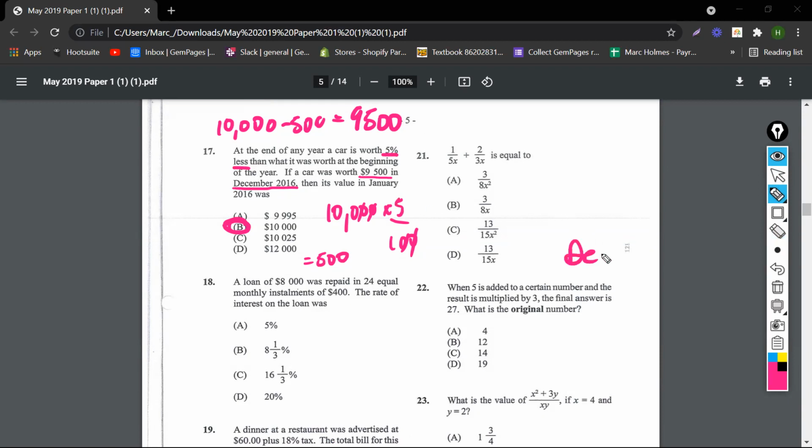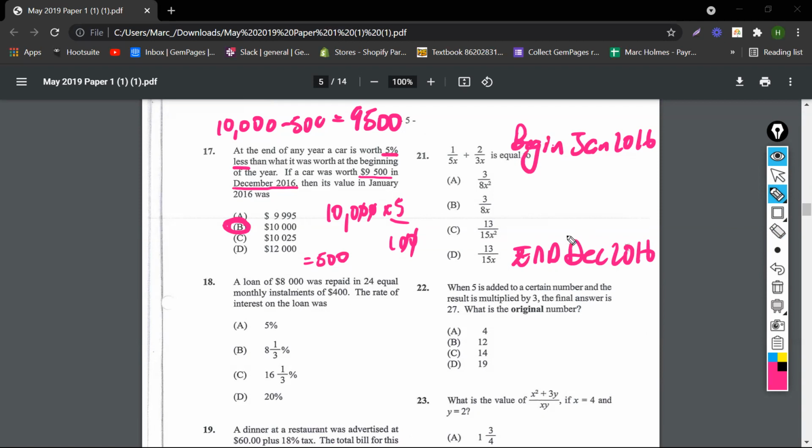So December 2016, the end of the year, the car would be worth less than the beginning of the year, which is January 2016, right? So let me write beginning. This is the beginning of the year.